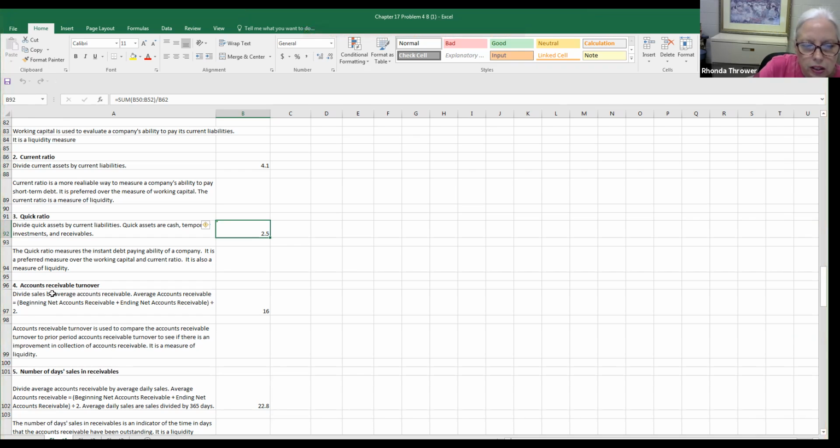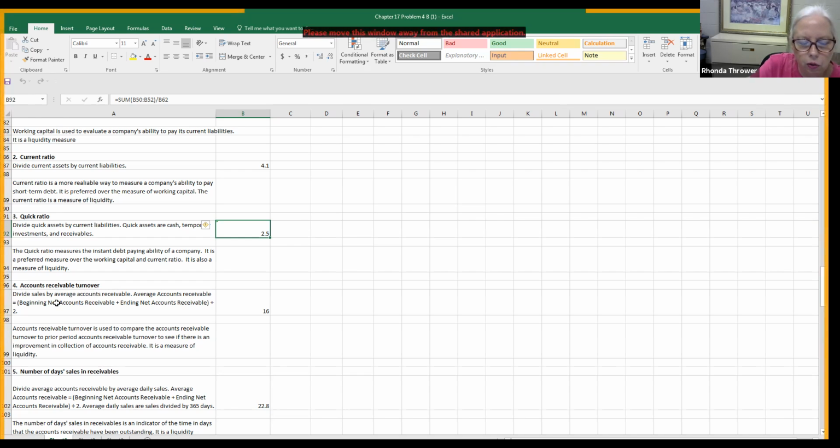In order to find the accounts receivable turnover, you're going to have to divide your sales by your average accounts receivable. Now, it's telling you to divide the sales by the average of the accounts receivable.